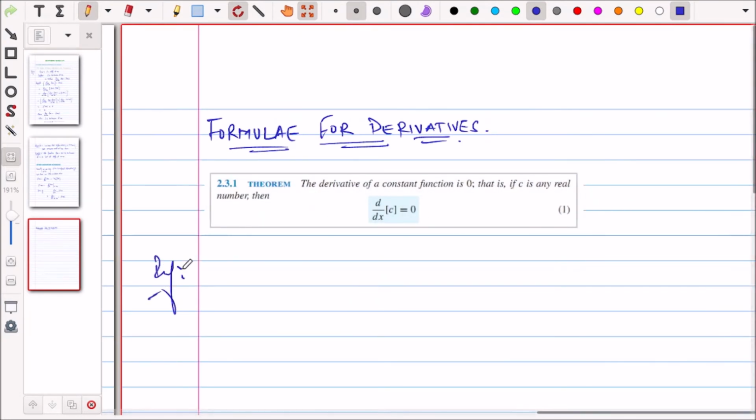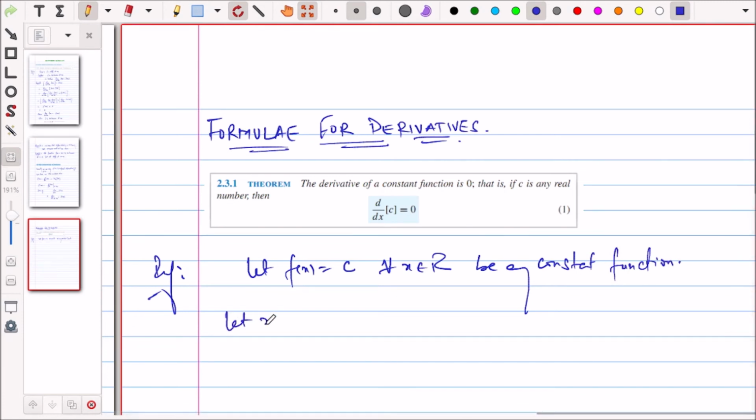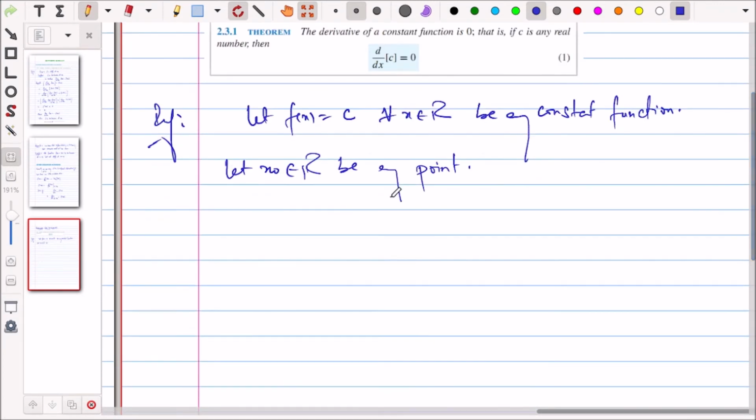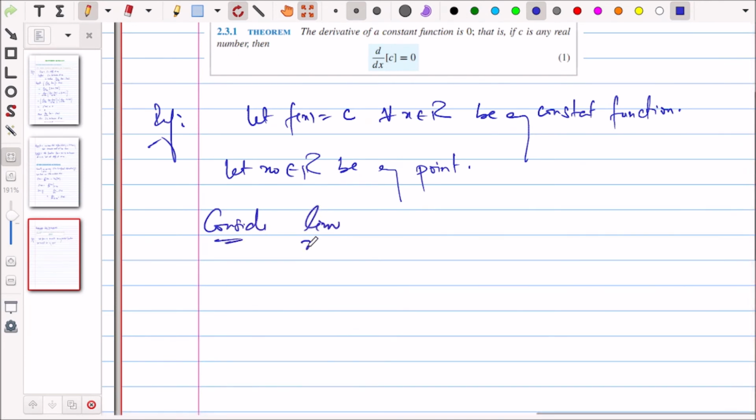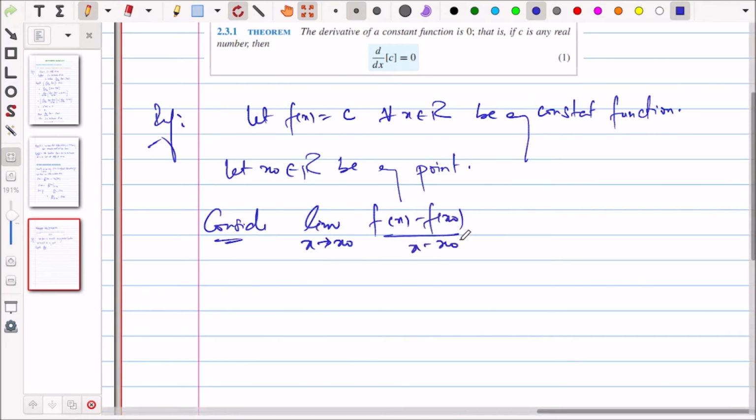इसको prove कैसे करोगे? Let f x equal to c for all x belonging to R be any constant function. Let x naught belonging to R be any point. We have to show that f dash x naught is equal to 0. Consider limit x tends to x naught of f x minus f x naught upon x minus x naught.